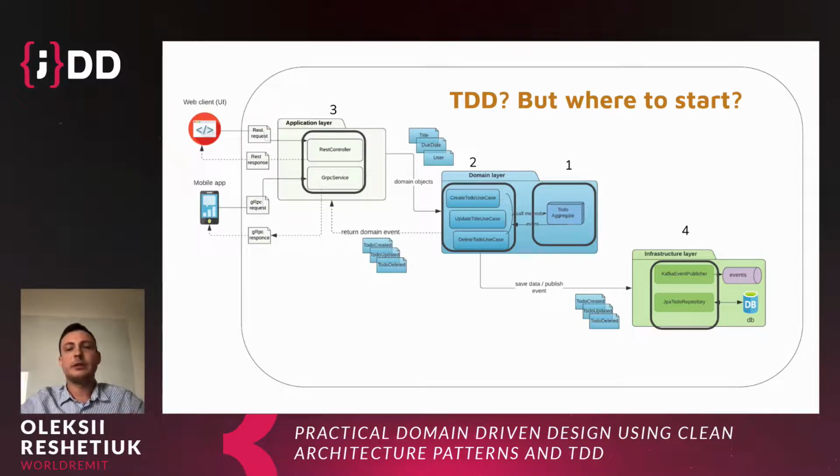It means that we can independently start implementation of other layers. For example, one person can start work on the REST controller from the application layer, and another one can start implementation of the Kafka publisher in the infrastructure layer. And by the way, it extremely increases development speed.